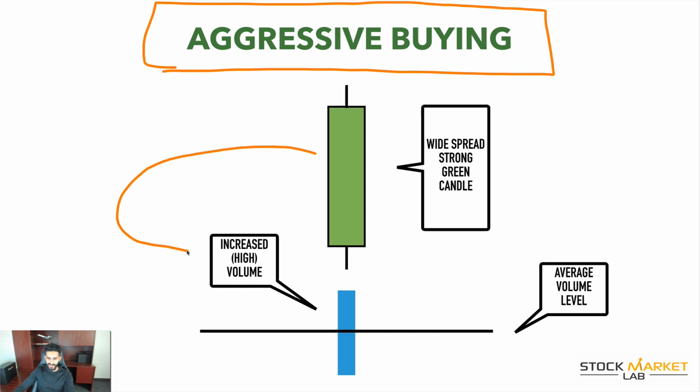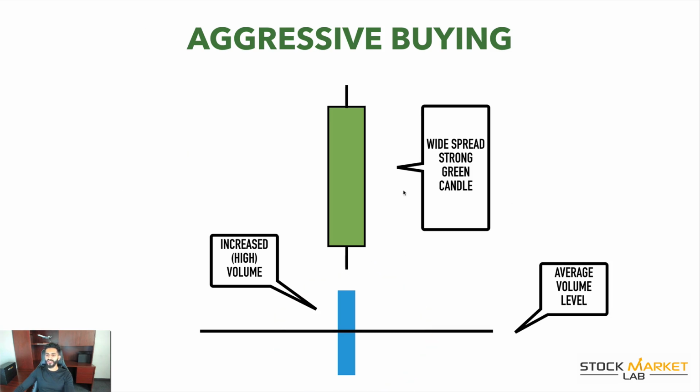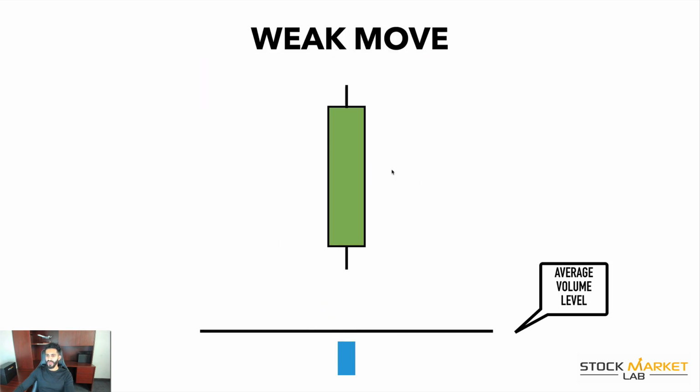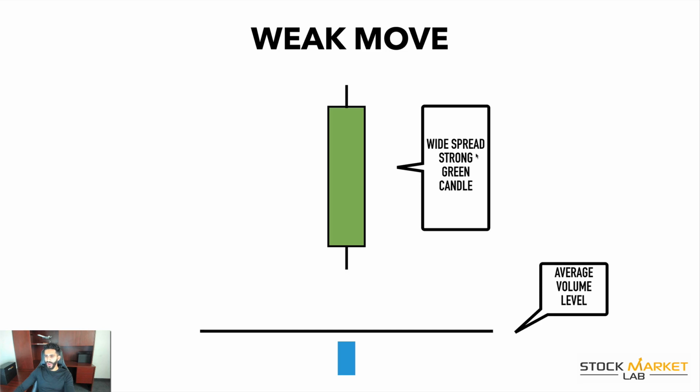As I mentioned in the last lesson, looking at a candle itself is not enough. We need more components. Volume is one of the components. Now, if you have a strong green candle with increased volume or high volume, that represents aggressive buying. Now, if you have a strong green candle, widespread strong green candle, but decreased volume, you can see that's the average volume level. I'll break that down moving forward too. You can see volume is decreasing.